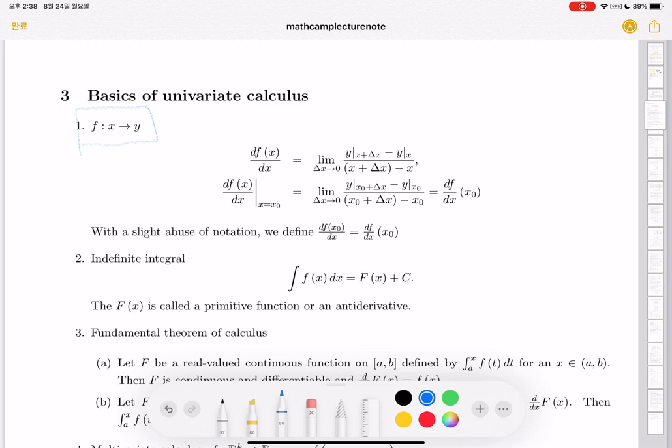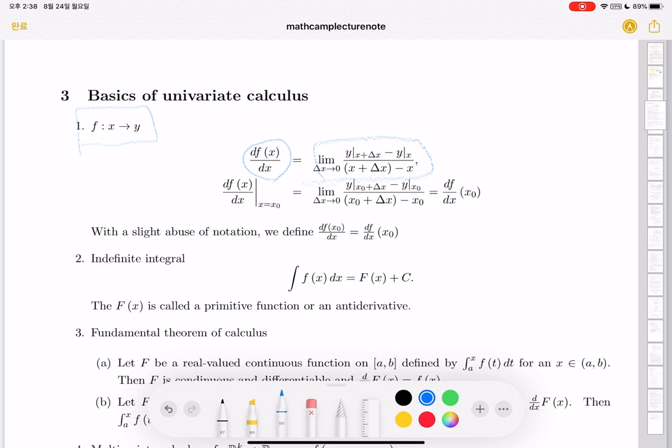And without getting into the deep notion of continuity and so on, suppose your f is continuous, then the first order derivative df of dx is defined this way, right? So df dx is defined this way, for any given x.